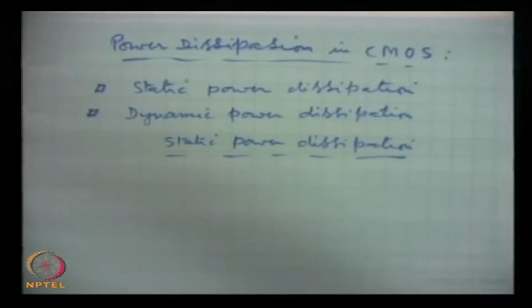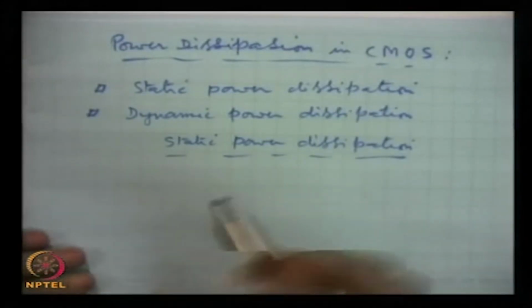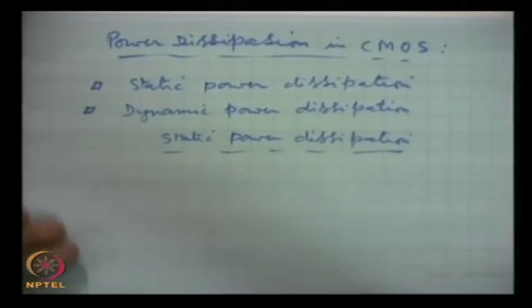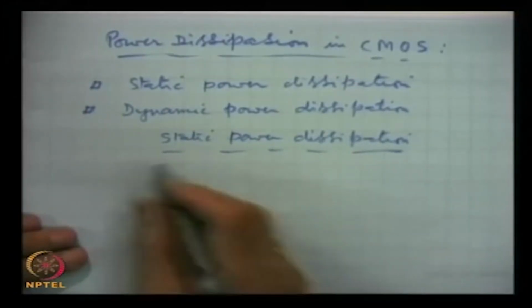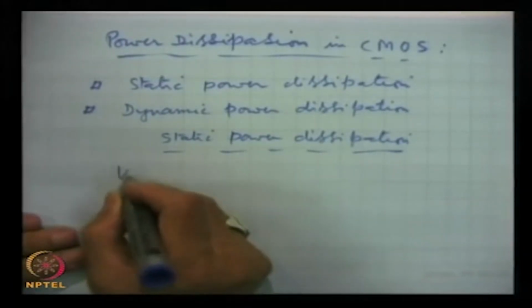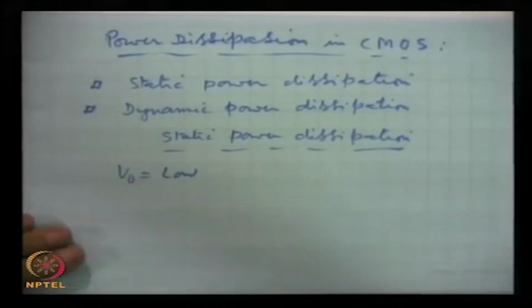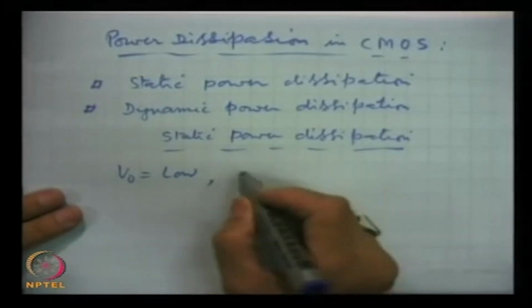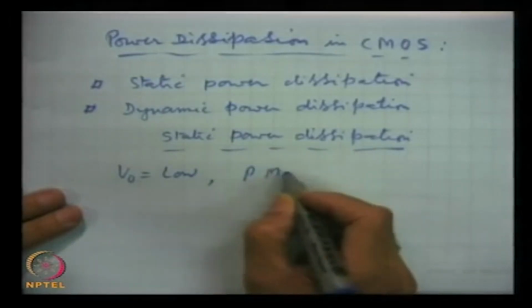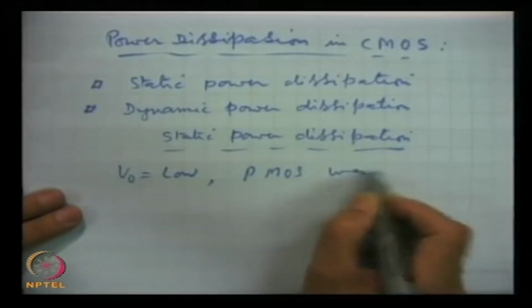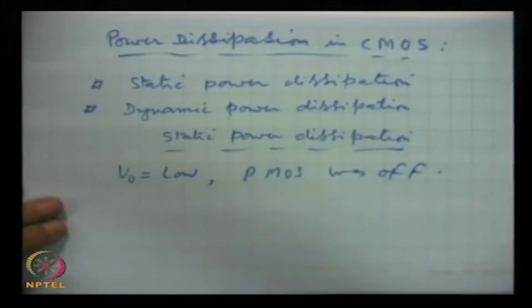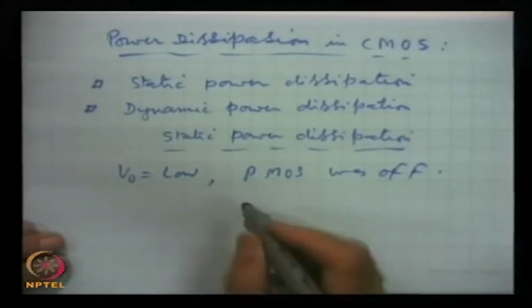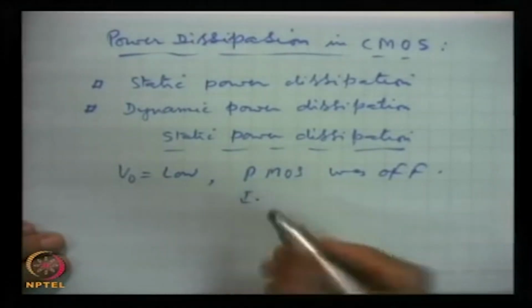Now, we have seen that when the state changes, for example, when V out is low, in this case PMOS was off, and the drain current ID in the CMOS was 0.